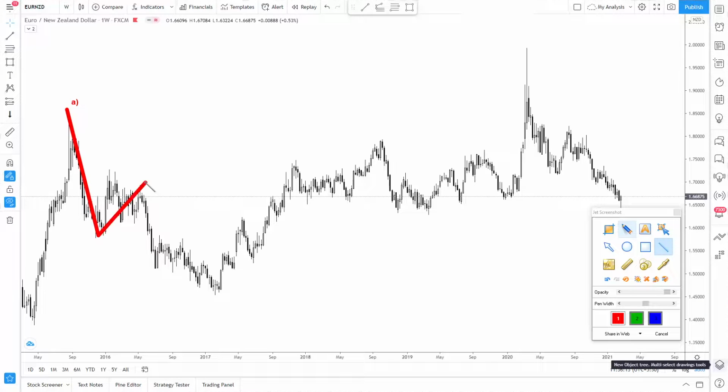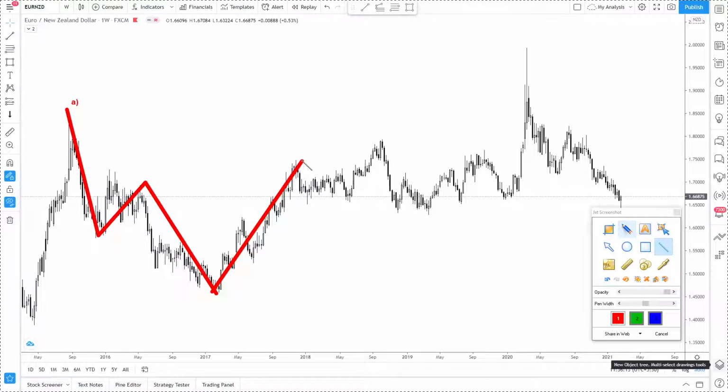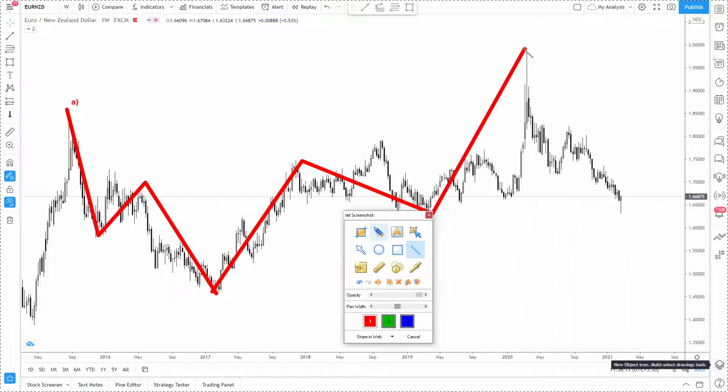A, B, and C. So this is also a wedge formation. After that also, this whole thing is an A. So this is a B and C. And now A, B, and C are over.